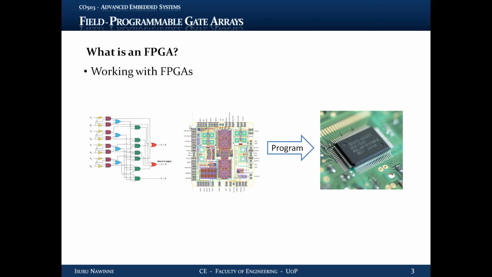So you take your design and synthesize it onto whatever primitive elements the FPGA contains. FPGA contains a different type of elements, usually called logic elements, and you are synthesizing your gate level design onto a logic elements design, and that can be put onto the FPGA.